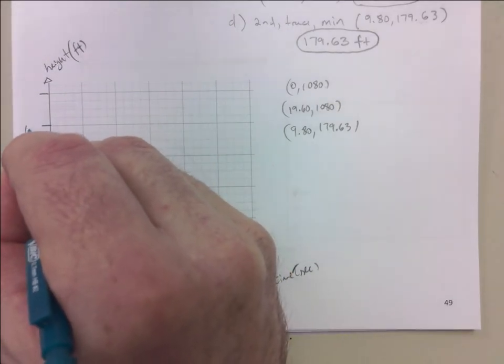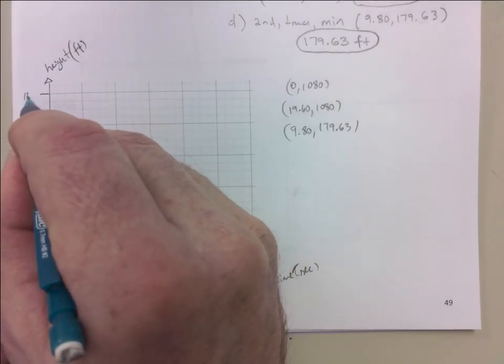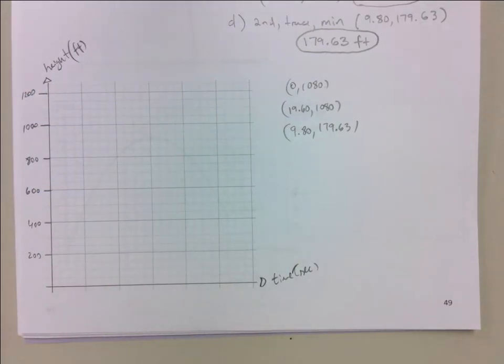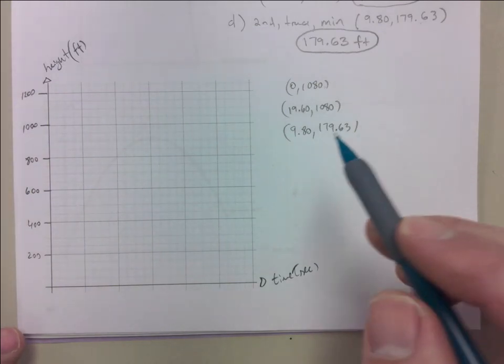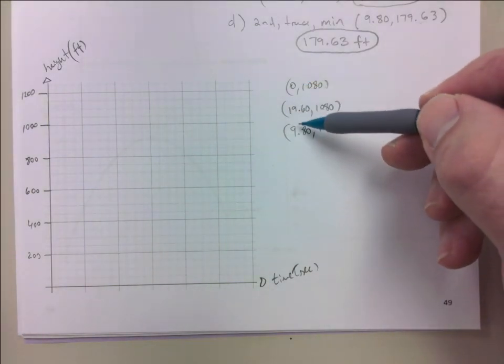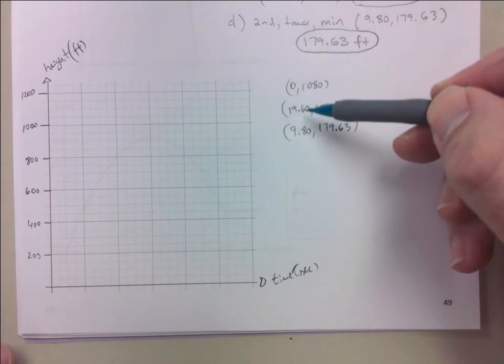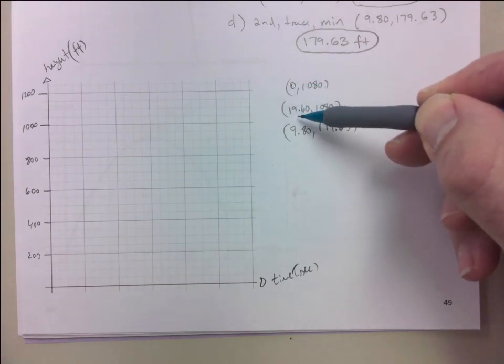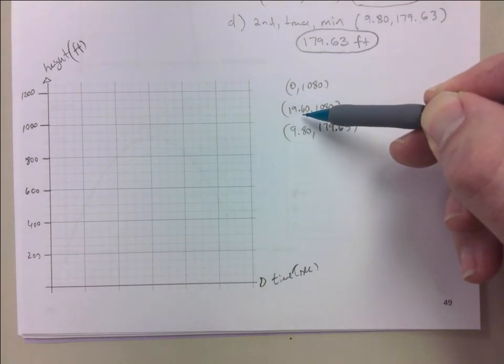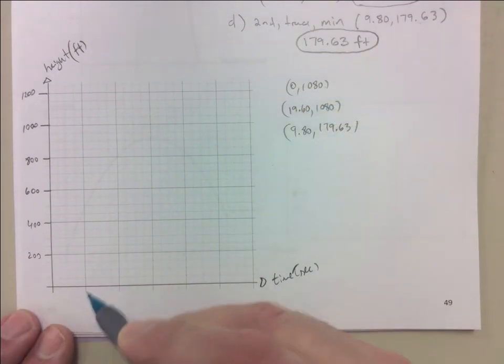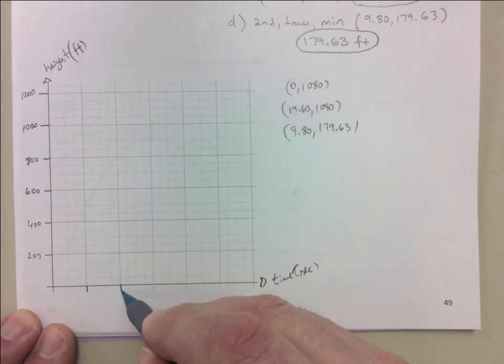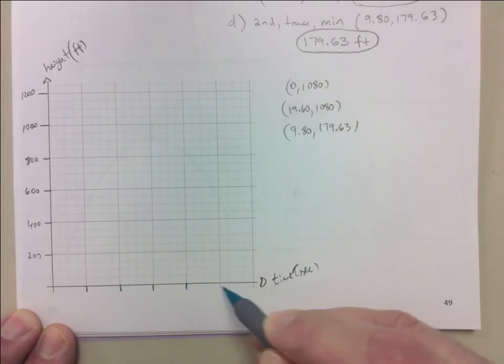Just use a round number. It's up to you. Whatever works for you, I don't care as long as it's consistent. So that'll work for my y. For my x values, look at the x values. The largest x value I need to account for is the 1960. So if I go up to 20 or something like that, this will work for me. So let's try this. 5, 10, 15, 20, 25.